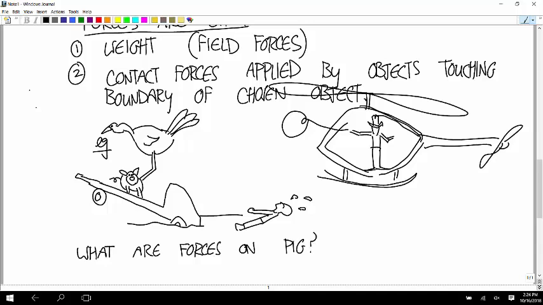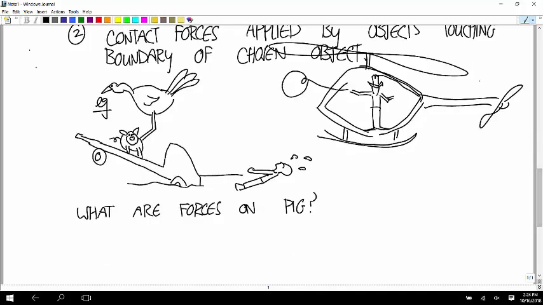Okay, well, there's a million things going on in this picture, right? You look at it and it looks sort of like chaos, but first you have to account for the weight, and then go around the boundary of the pig and look for where the outside world, the non-pig world, is touching the boundary.